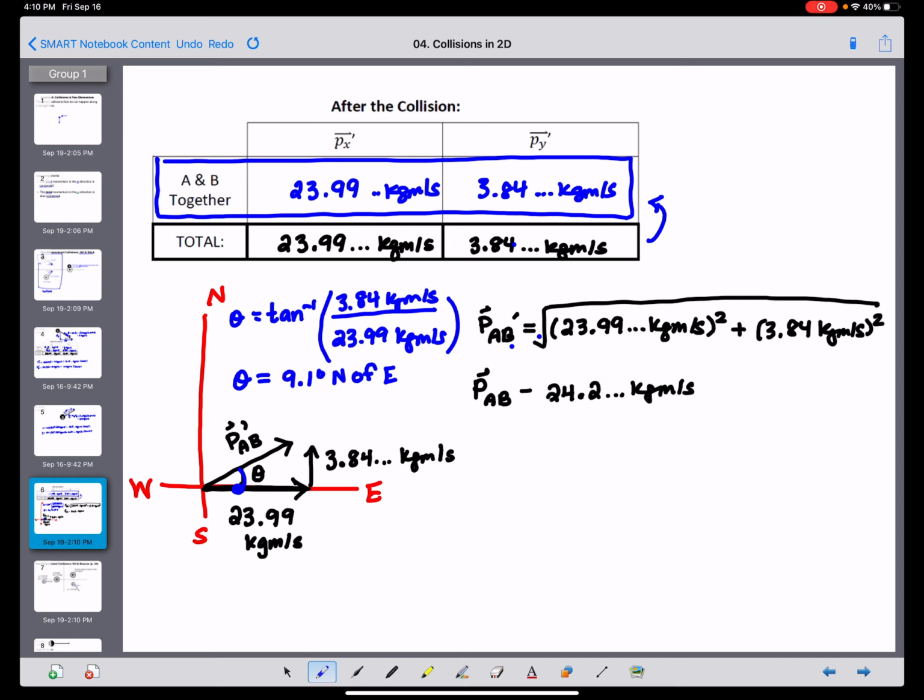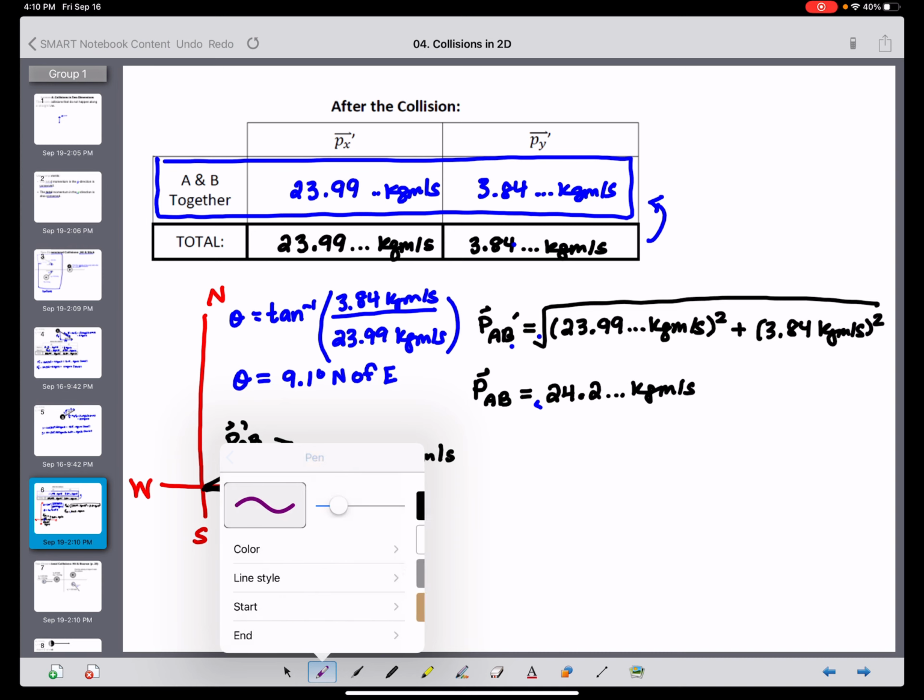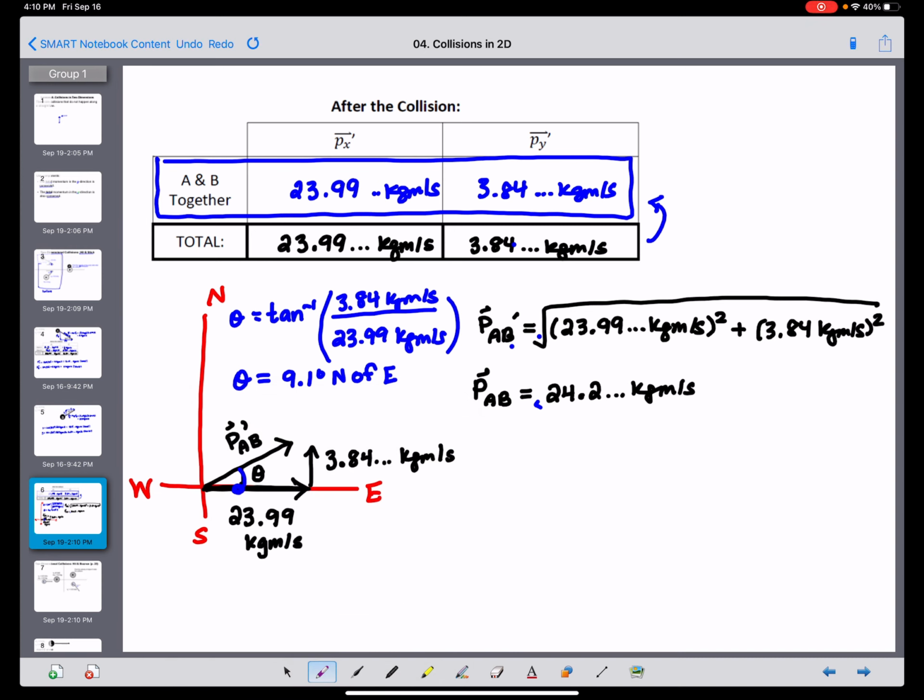Okay, now remembering back to what the question was asking, it was asking for the velocity of A and B after the collision. So to find the velocity, we're going to have to take our momentum. Remember, the momentum of object AB is going to be the mass of A plus the mass of B times the velocity of A and B together after.